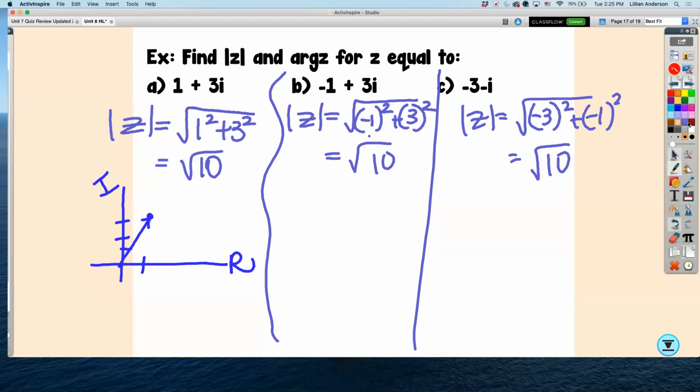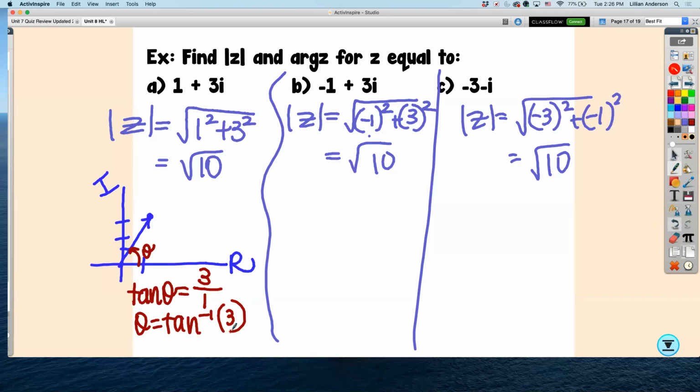Your angle is going to be acute, between 0 and pi over 2 radians. So to find the argument, I'm going to do the tangent of theta equals b over a, or in other words, the tangent inverse of 3. Can you guys do this in your calculator, in radian mode? Tell me what I get.